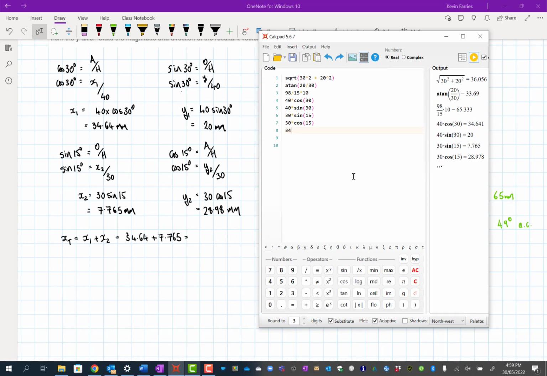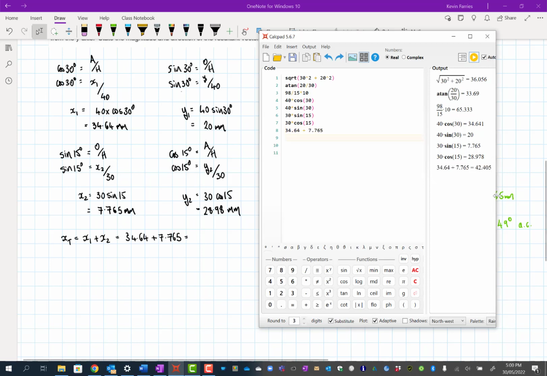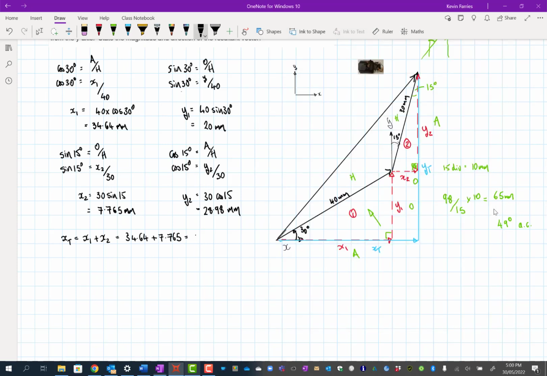So we've got 34.64 plus 7.765, and I'll keep it to 4 significant figures, rounding to the even number. So that's going to be 42.40 millimeters.